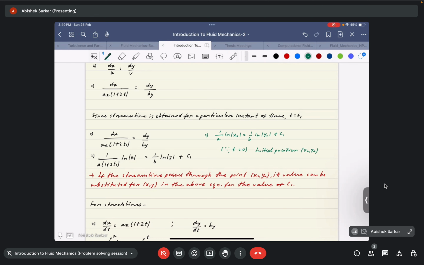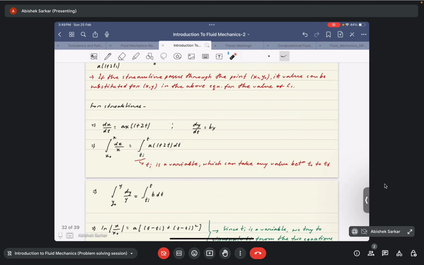From this you can find the value of c1, which I'm not going to do. Then substitute the value of c1 here to find an equation for x and y, which is dependent on x naught and y naught only.